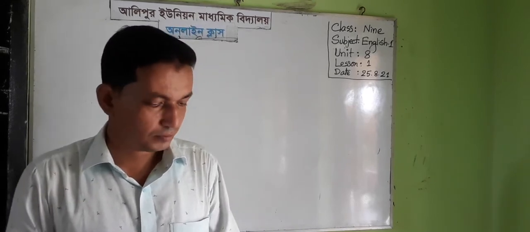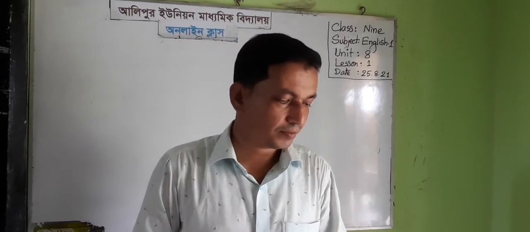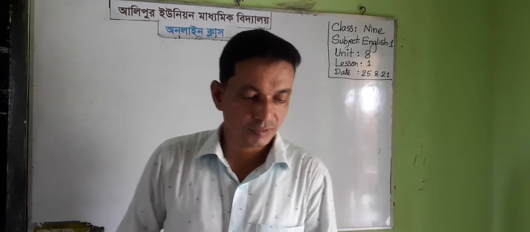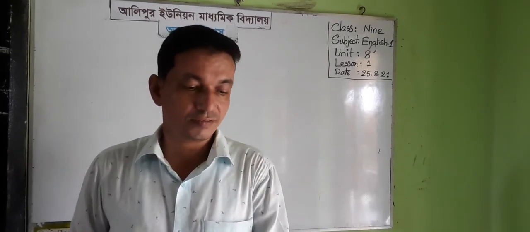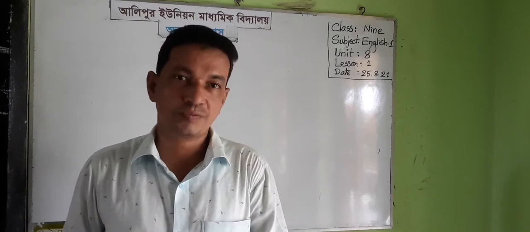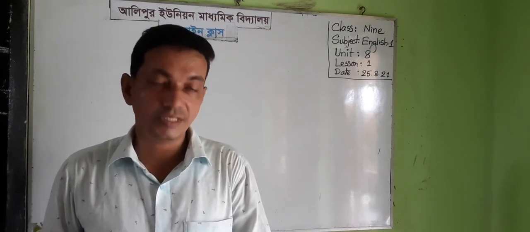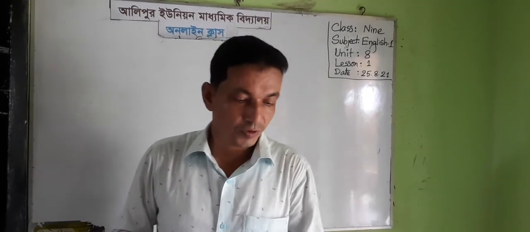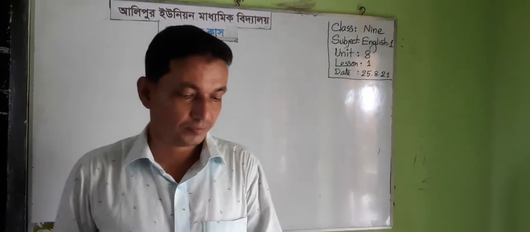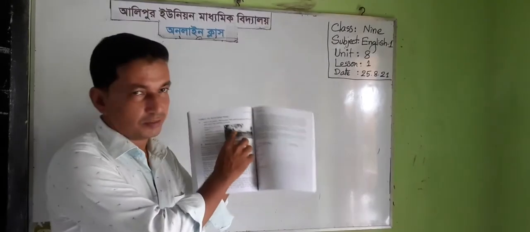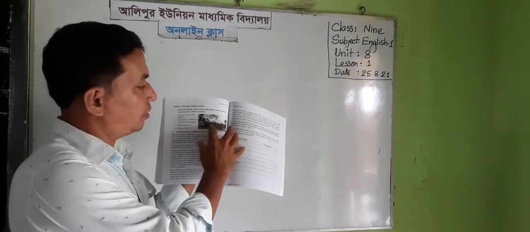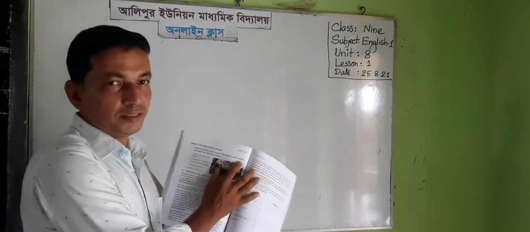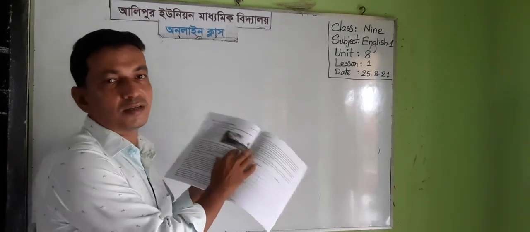In the lesson there are 4 types of questions. First of all, what can you see in the picture? Dear students, if you see the picture, you must be able to answer this question. Though it is little, if you have your book, you will easily see the picture.